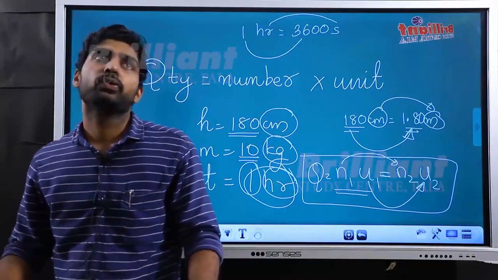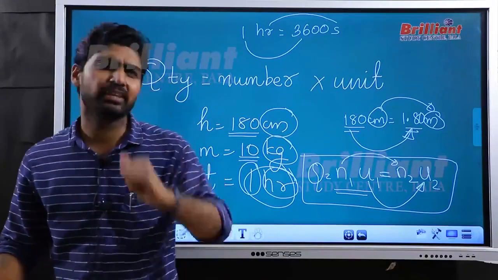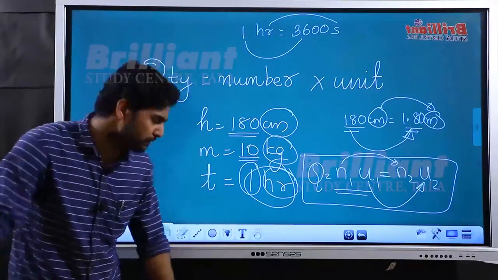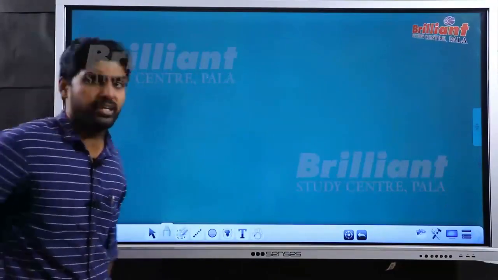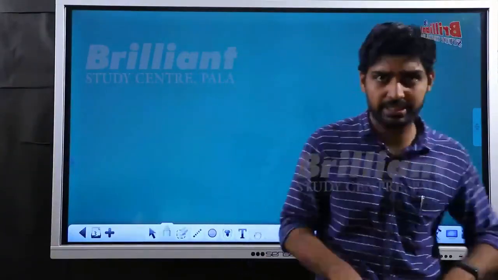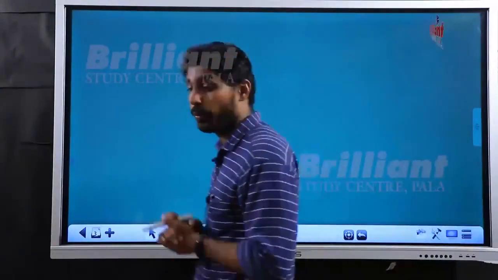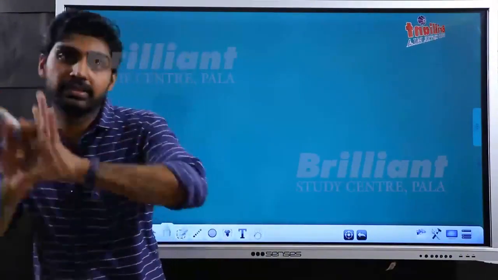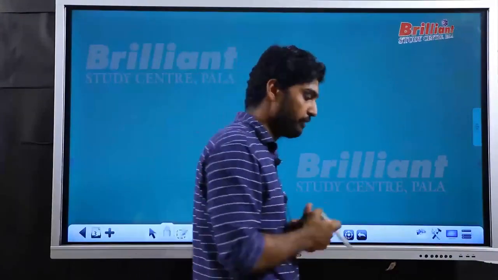Now, we have seen that physical quantities can be classified into fundamental as well as derived quantities depending on whether a quantity needs the help of other quantities to be defined.